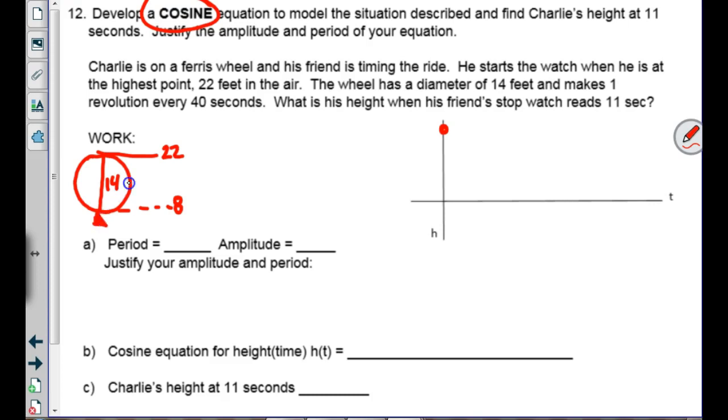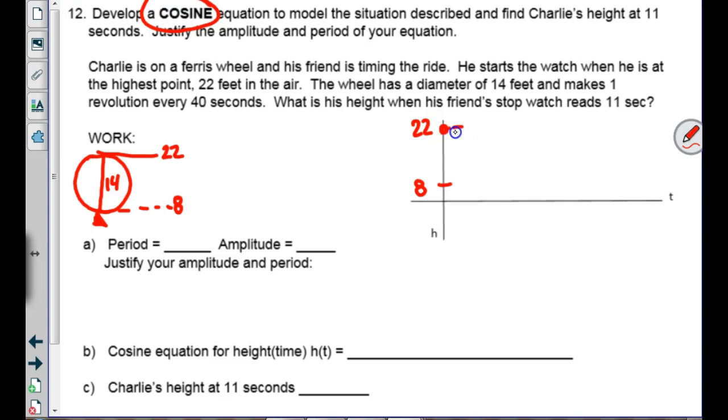No? 22 minus all the way across is 14, so that means the lowest he ever gets is 8. Okay? I don't know if you remember this, but the radius is always the amplitude. Okay?